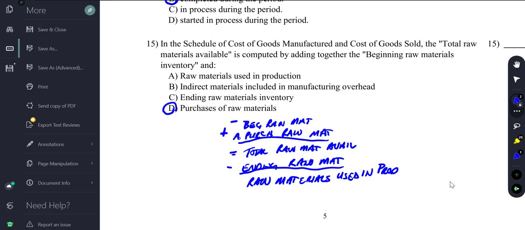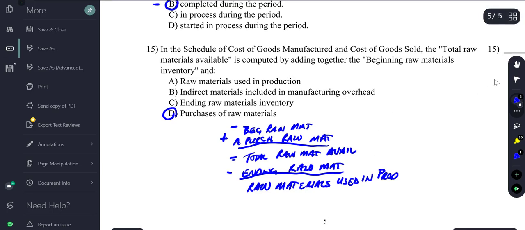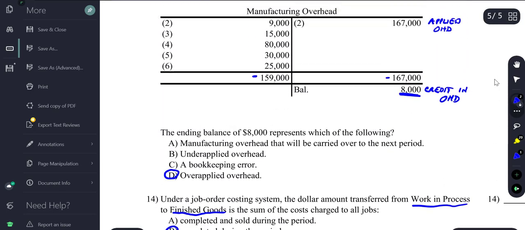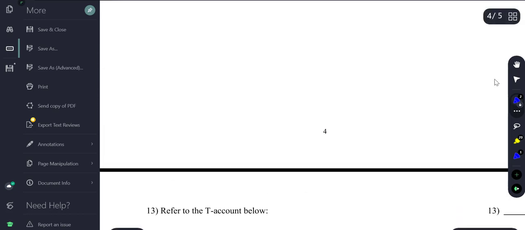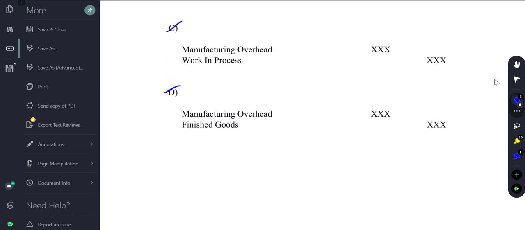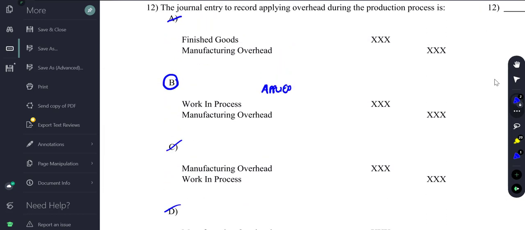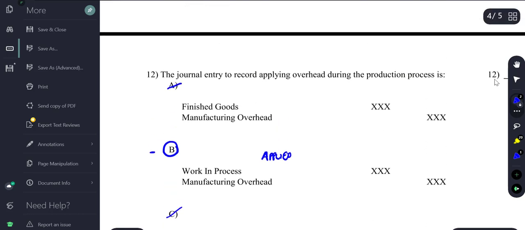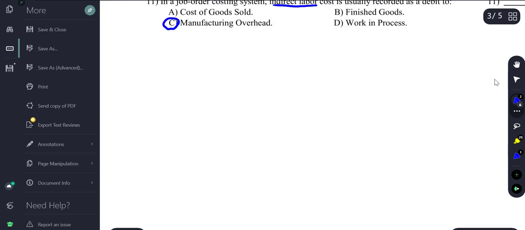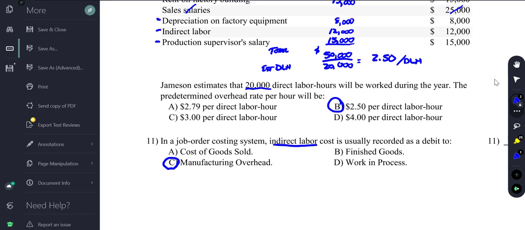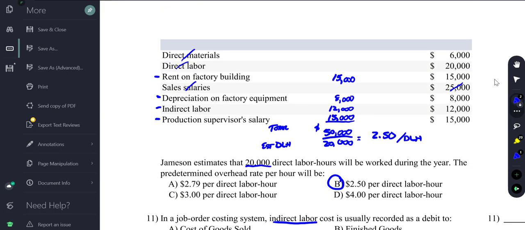Also, like I said, there will be several definition and concept type questions, but there will be some multiple choice questions like we had back up here, where we're computing an overhead rate, or we are looking at a journal entry like here to decide, okay, which of these journal entries is the right one for applying overhead, and then back up here, how do we actually calculate the plant-wide or predetermined overhead rate, POHR.